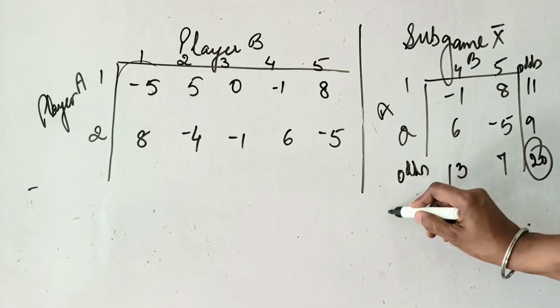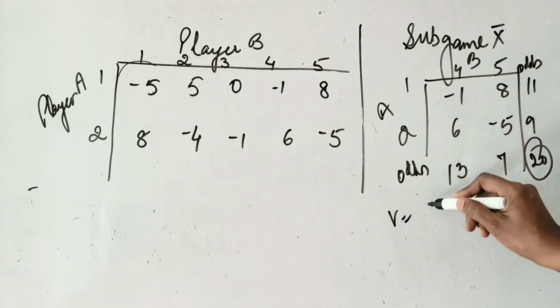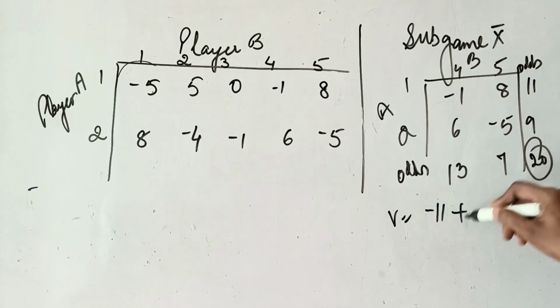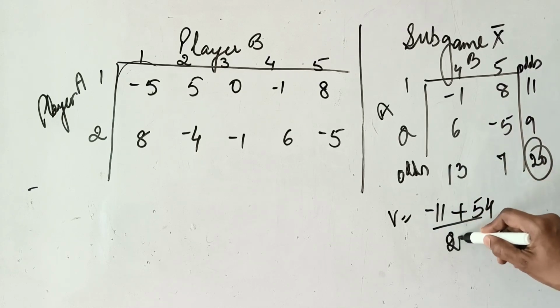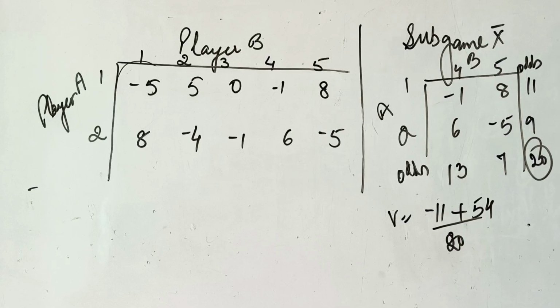So the value of game will be minus 1 into 11, it will be minus 11 plus 9 into 6, 54, divided by 20. So it comes out to be 43 by 20. It cannot be reduced further. So 43 by 20 is the value of the last subgame.